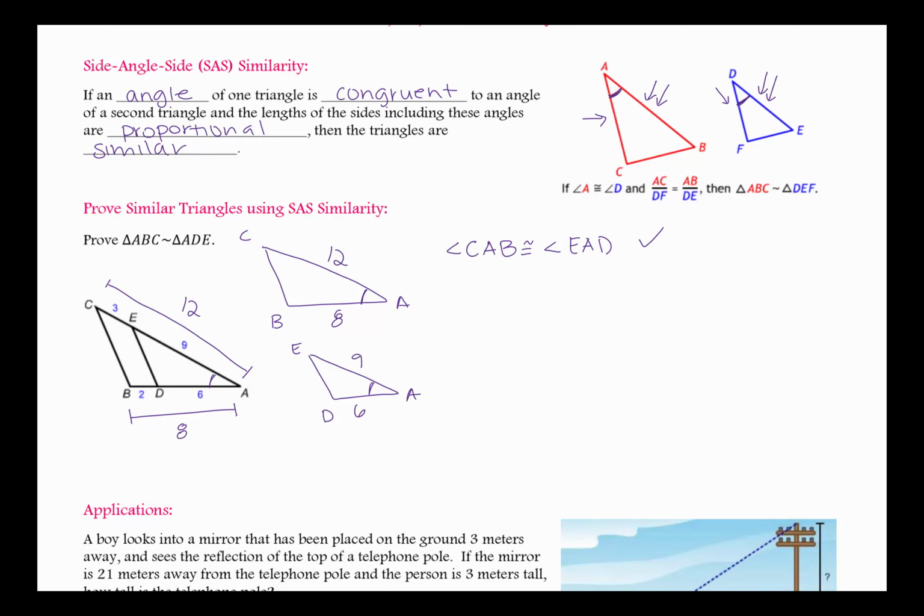Does 12/9 equal 8/6? Well, 12/9 reduces to 4/3, and 8/6 also reduces to 4/3. So I have my angle in between the 2 sides that are in proportion. So triangle ABC is similar to triangle ADE by angle side similarity.